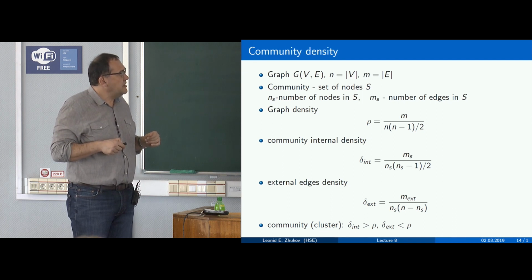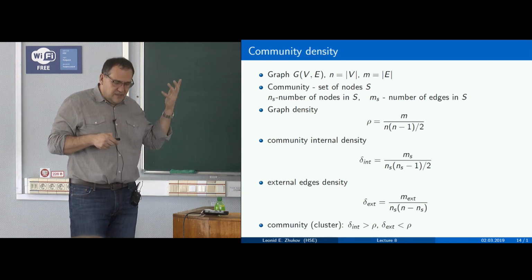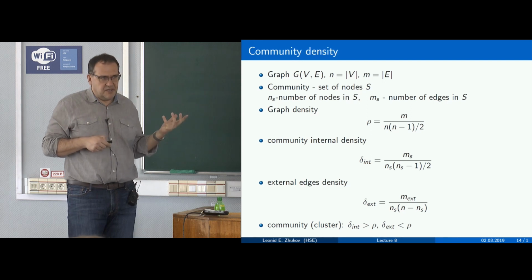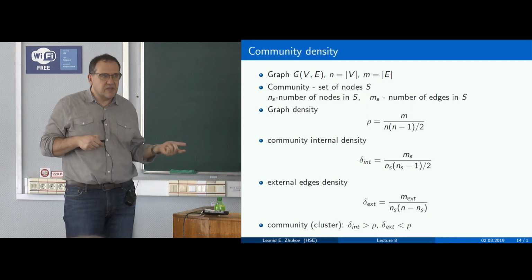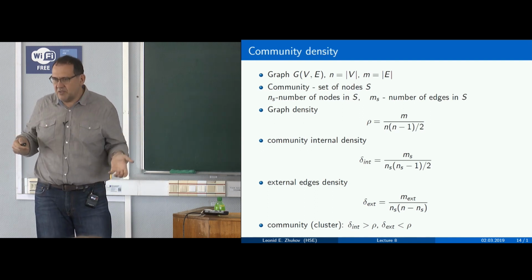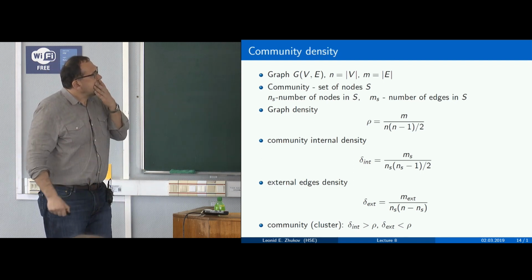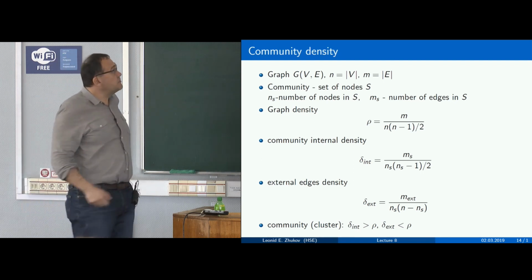It's a high frequency of ties among the group members compared to non-members. So these are all qualitative properties, and for us to build algorithms, we need to convert them into something measurable, something quantitative.